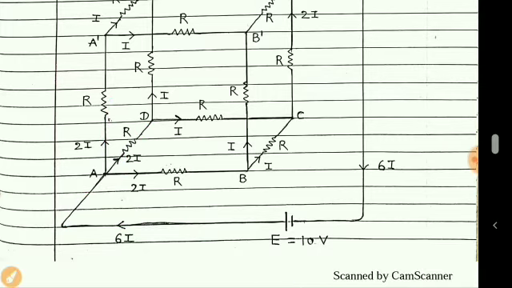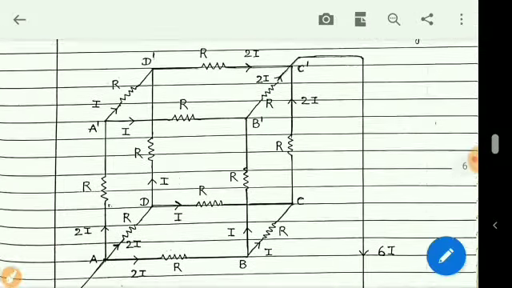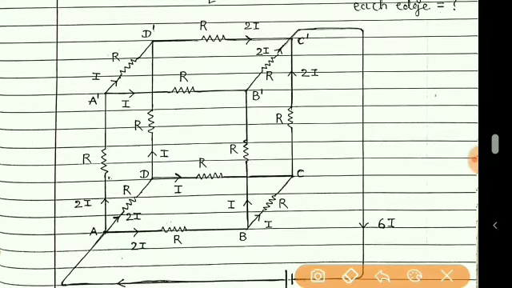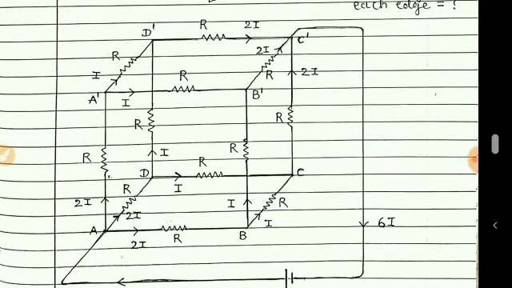And so for this network or circuit, as there are many resistors in complex combination, we can find the equivalent resistance between point A and C dash by using Kirchhoff's rule. So here you can see there are many junction points.